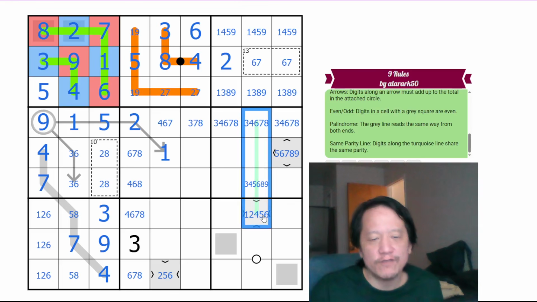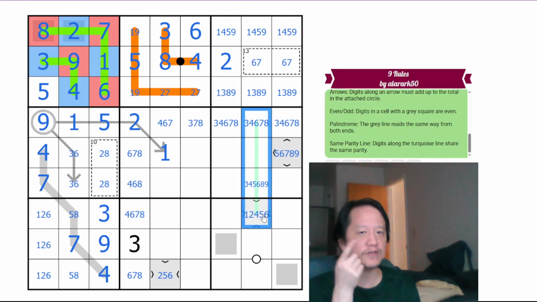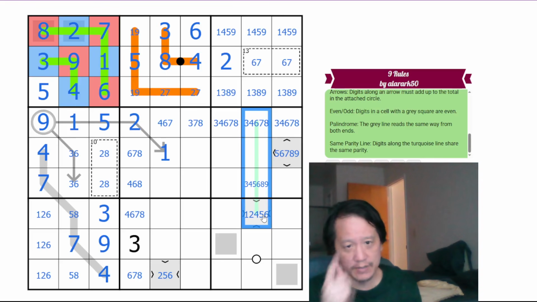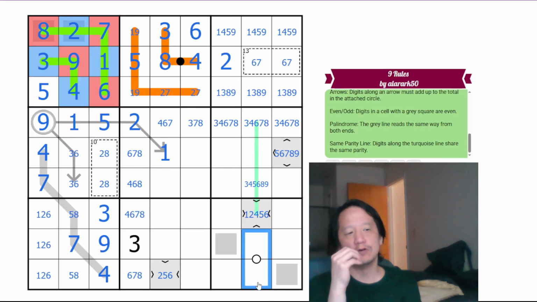So here we have 4 digits which are all the same parity. If they were all even, that would account for all the evens in the column. But we have 2 digits here which are consecutive. You can only have an odd and an even digit that are consecutive. You can't have odd and odd, right? 1, 3 are not consecutive. 3 and 5, etc. are not consecutive.